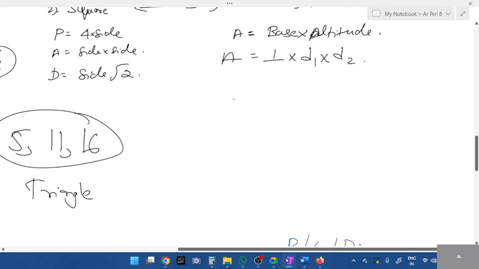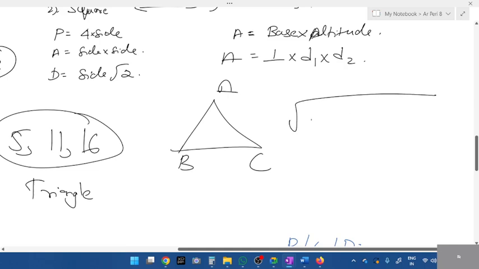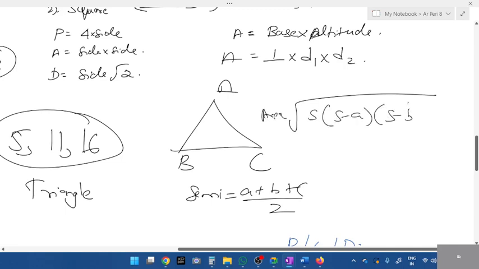If not, can you just think whether ma'am had done any concept like this in a triangle ABC? Square root of, did semi-perimeter value. Semi-perimeter is A plus B plus C divided by 2. Did they teach anything like this triangle concept? S into S minus A, S minus B. No, even before midterm, nothing was taught. Yes.